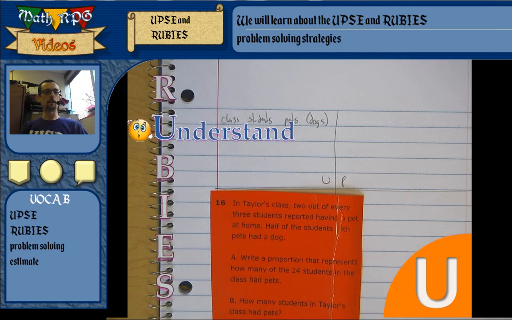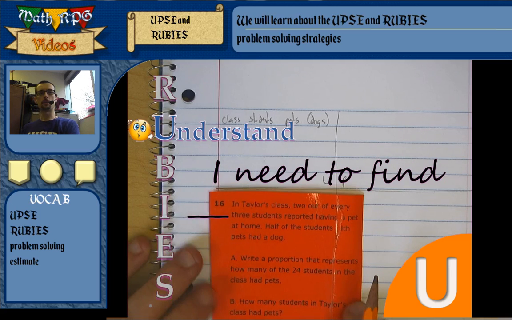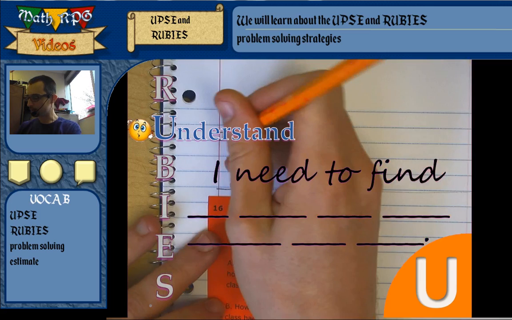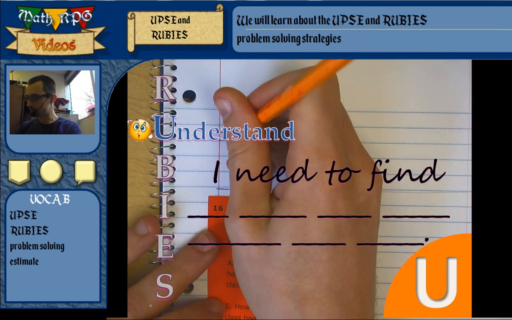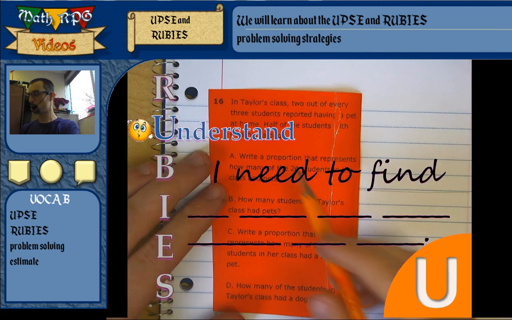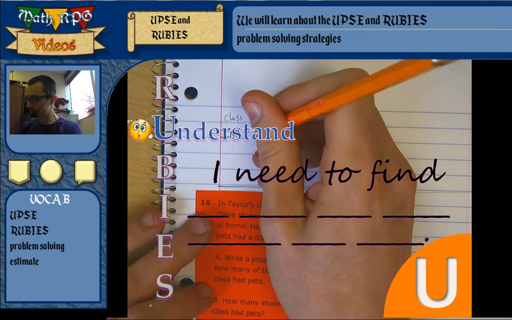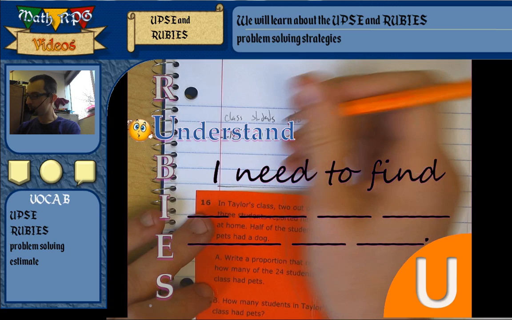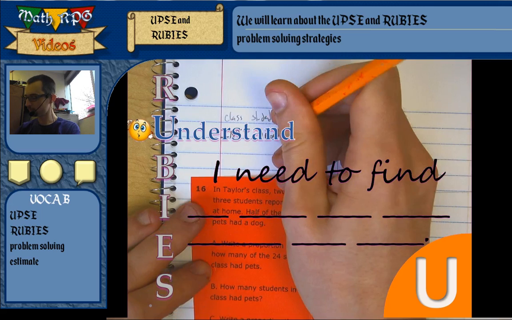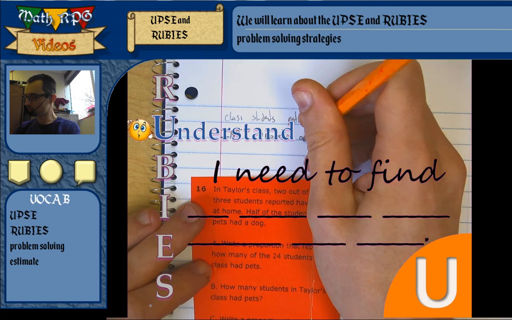Now I need to make sure that I understand what I need to find. So we have this statement called the INTF, or the I need to find. So I'm going to write down my INTF. I need to find. What do I need to find? Well, that depends on what your question is. In this one, there's actually 4 things I need to find. So I need to find, first of all, a proportion of students with pets.